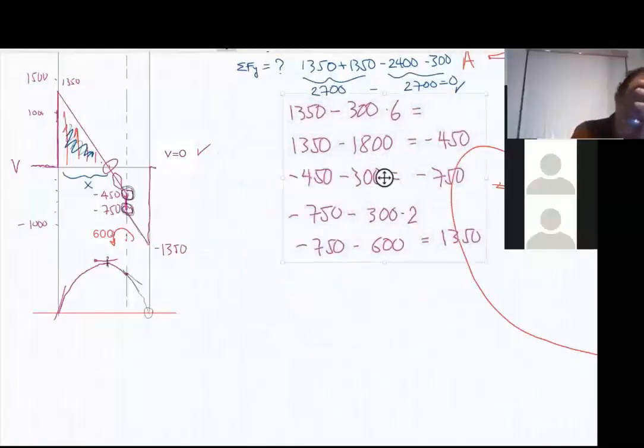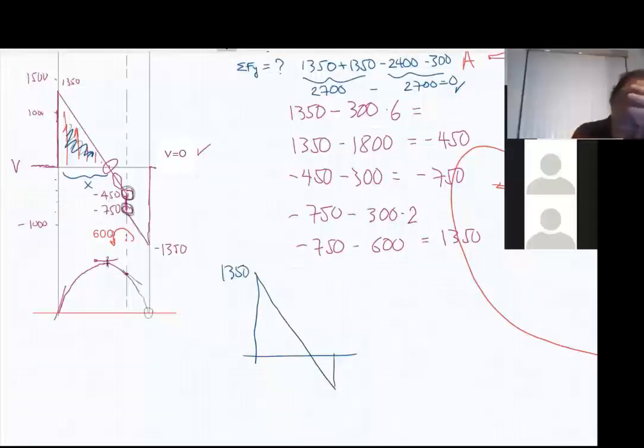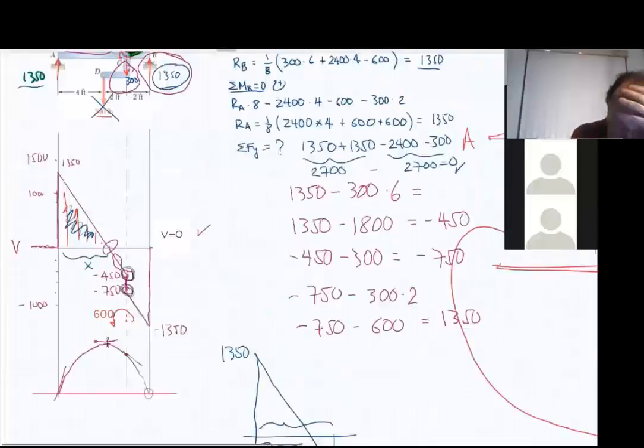So you have a triangle that has 1350 here, then goes here, goes like this. You have 450 here. This is x, and this total length is 6, if I'm not mistaken. Yes, 6.